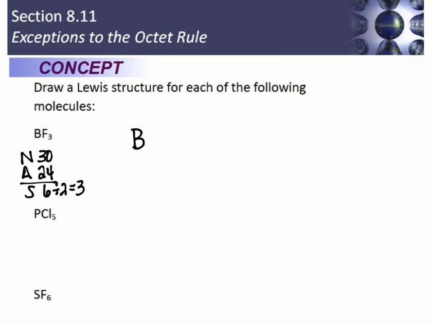So we have boron and our fluorines. 1 bond, 2 bond, 3. And then we fill in the electrons up to 24. And now everybody's happy.